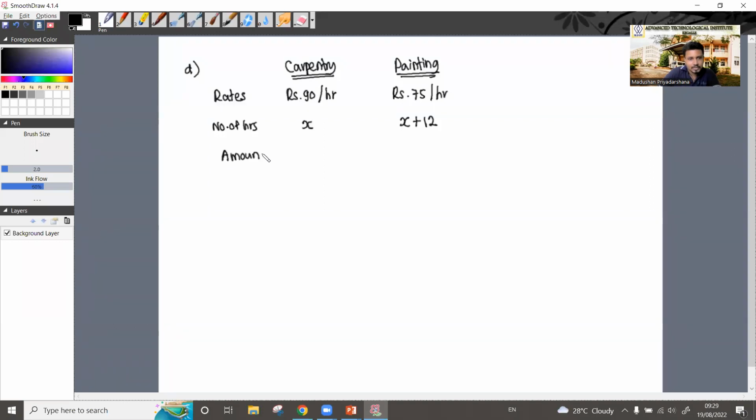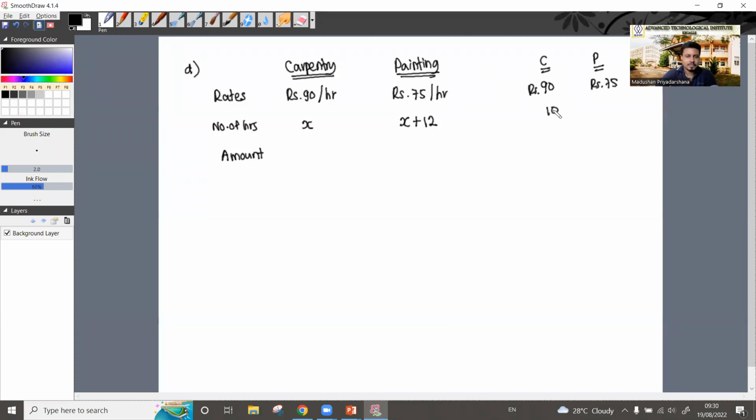Then how can we take the amount here? What should be the amount allocated for the carpentry department here? How can we take that value? Again, if I take some numerical figures here, the carpentry department's hourly rate is 90 rupees and the painting department's hourly rate is 75 rupees. Suppose 10 hours are worked.